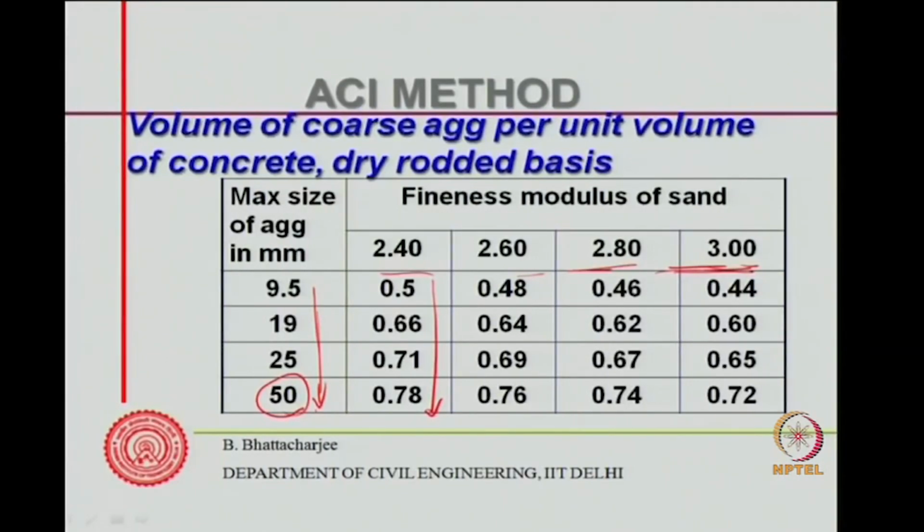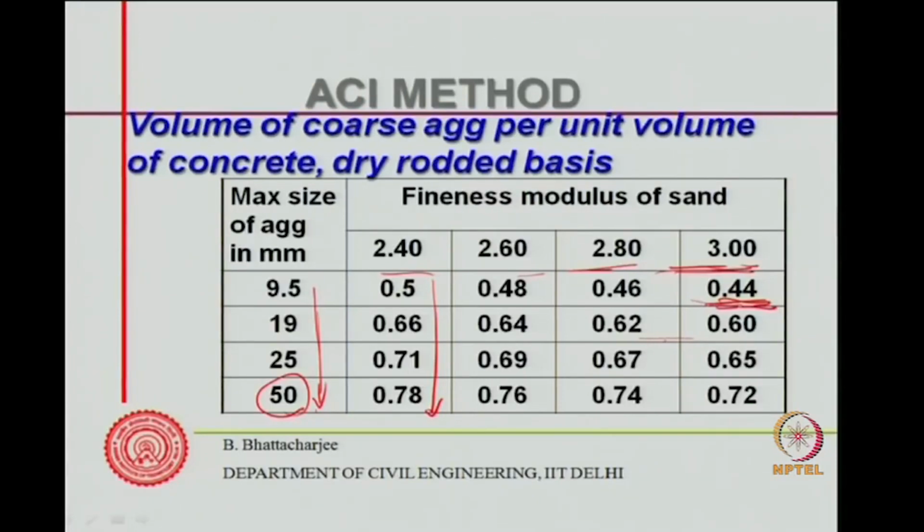So, the overall packing is better. Coarse aggregate volume reduces as I go along this direction. In fact, the overall proportion of the sand increases, because coarse aggregate proportion is reducing, as sand itself has a better packing and larger sizes are also there.